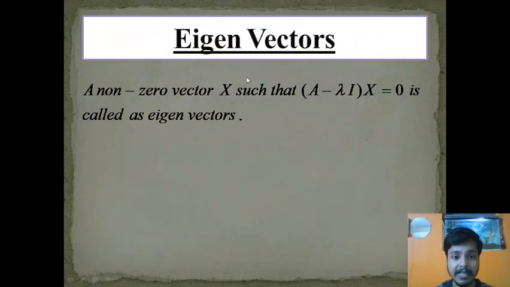And the very important thing about the eigenvector is that it is non-zero. Many times while evaluating assignments or answer sheets, I see students writing x as a zero vector, but by definition it is a non-zero vector. So how can it be a zero vector? Take care that x should be a non-zero vector.